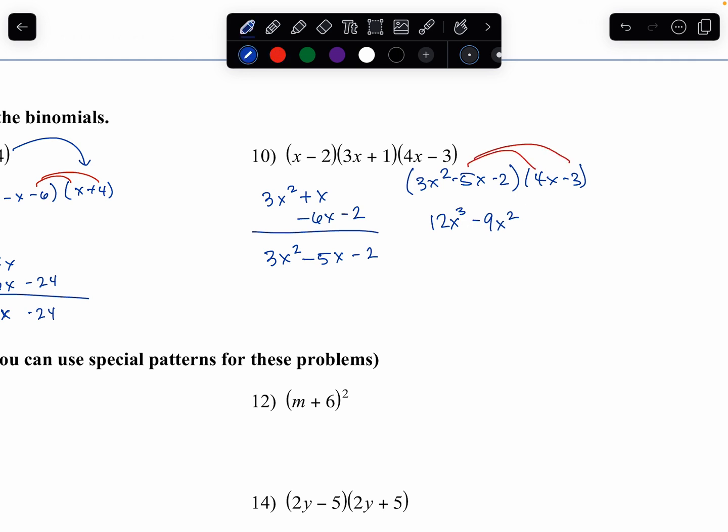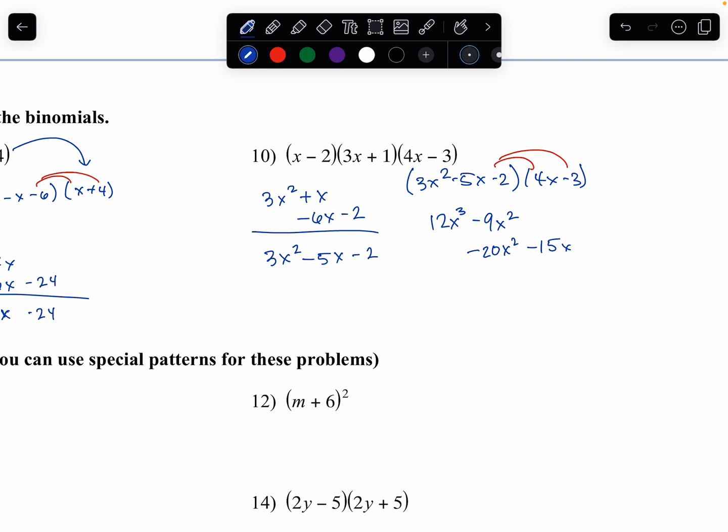Okay, now I'm going to have negative 5x times 4x. That's going to be minus 20x squared, right? And then negative 5x times negative 3, that's going to be plus 15x, right? And then, there you go. And then distribute the negative 2.